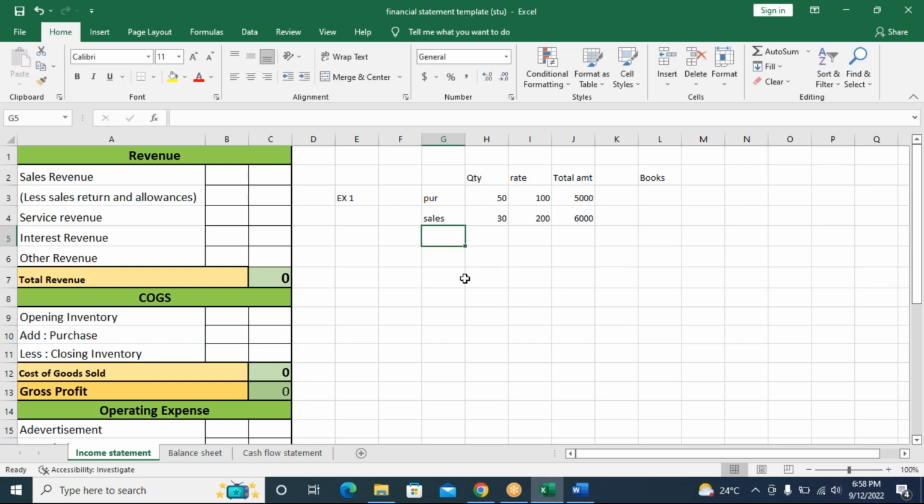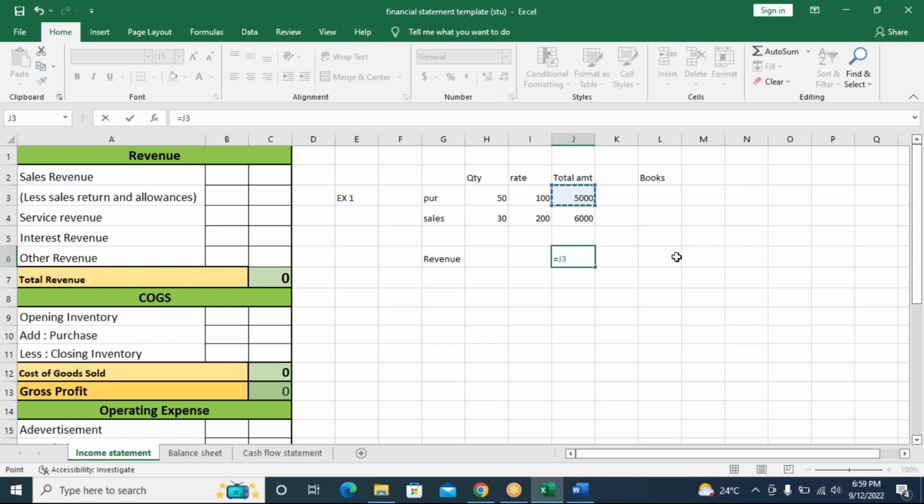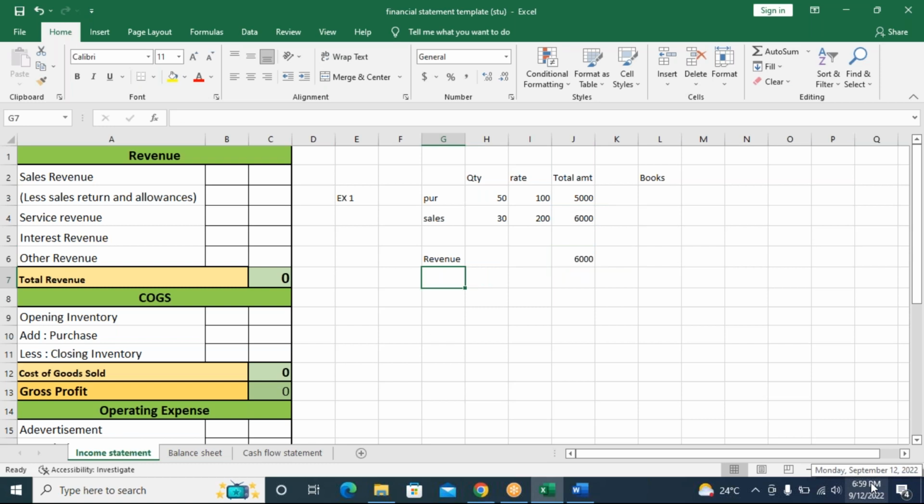So now the revenue, how will we calculate it? That is the sale price. Now, in order to calculate that, I'll be doing my COGS, that is cost of goods sold.